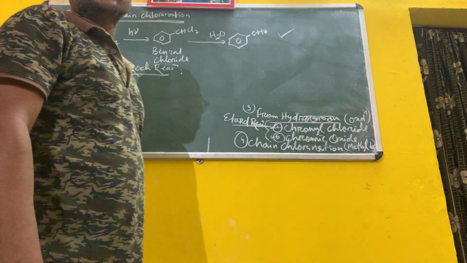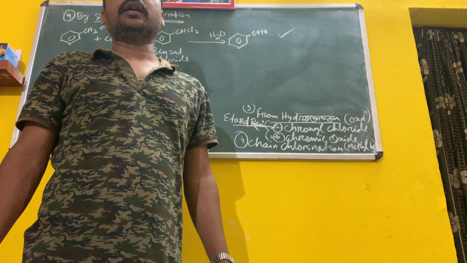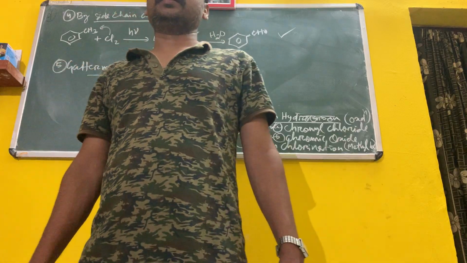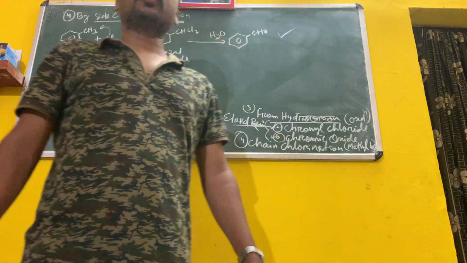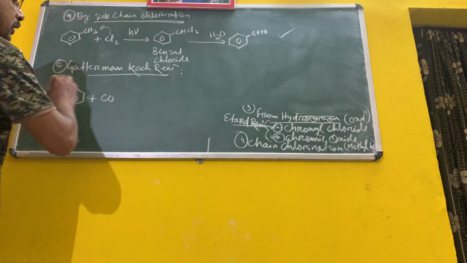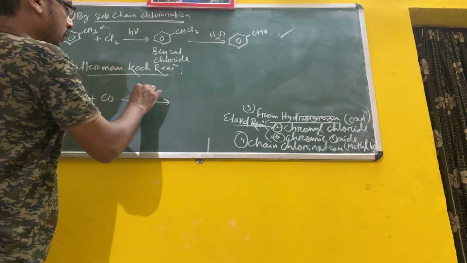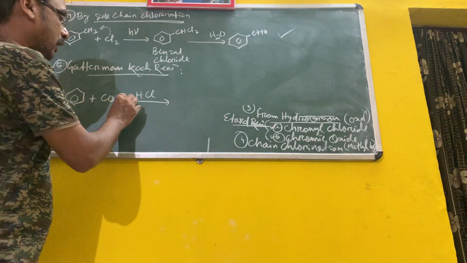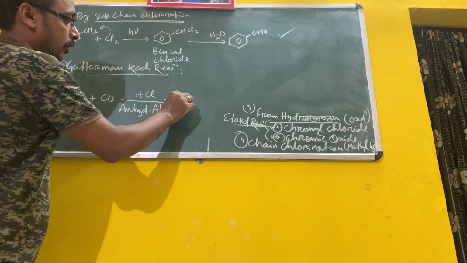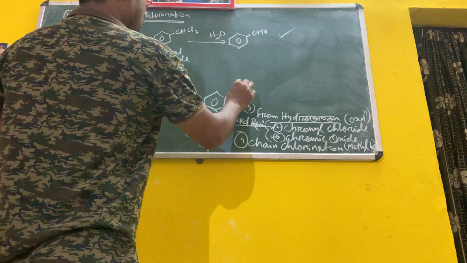In the Gattermann-Koch reaction, when benzene is treated with carbon monoxide in presence of HCl and anhydrous aluminum chloride or CuCl, cuprous chloride, it forms benzaldehyde.